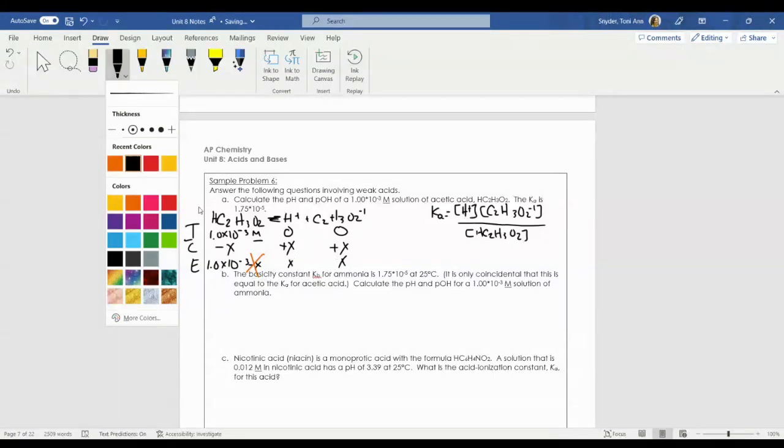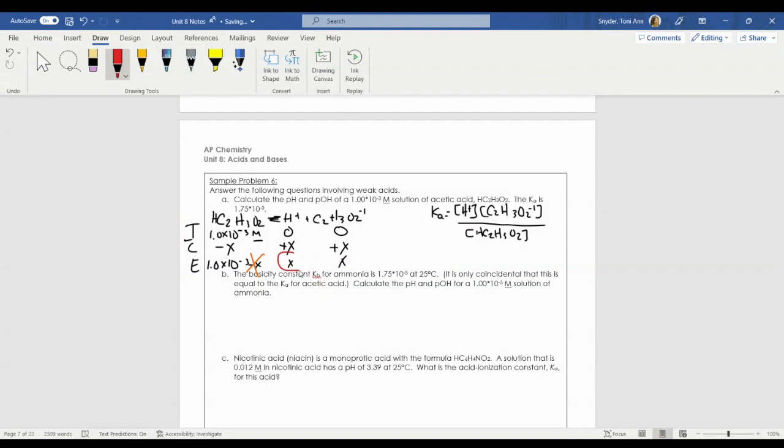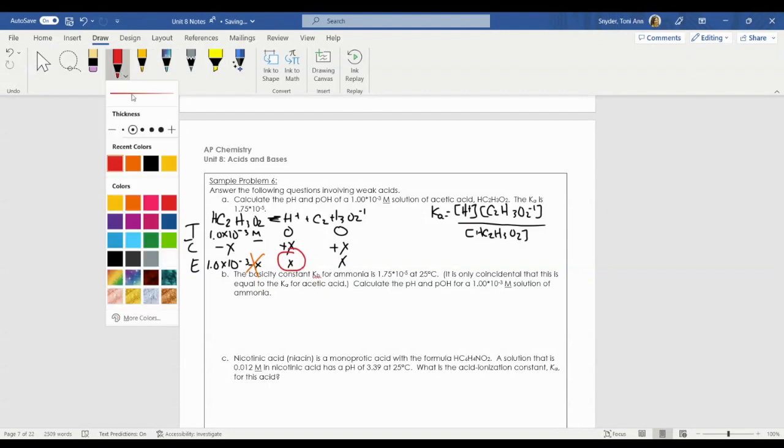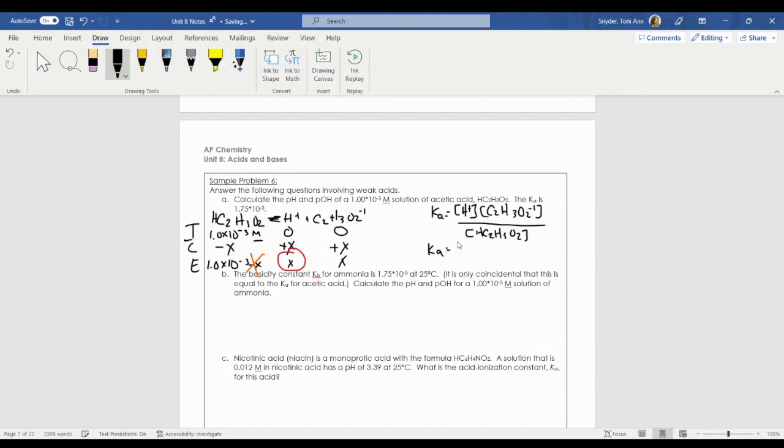If I could determine that concentration, the negative log of that is going to give me the pH. So 1.75 times 10 to the negative fifth is equal to x times x over 1 times 10 to the negative third.